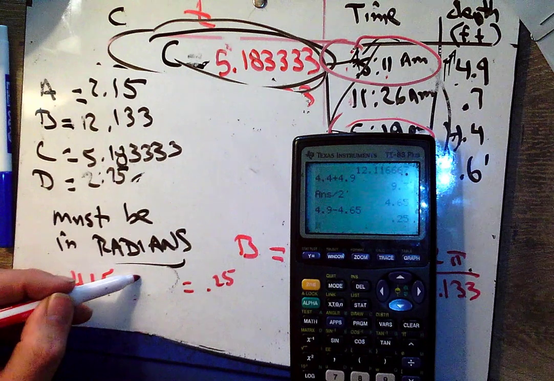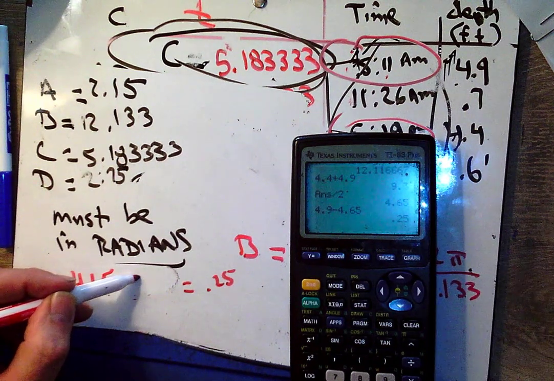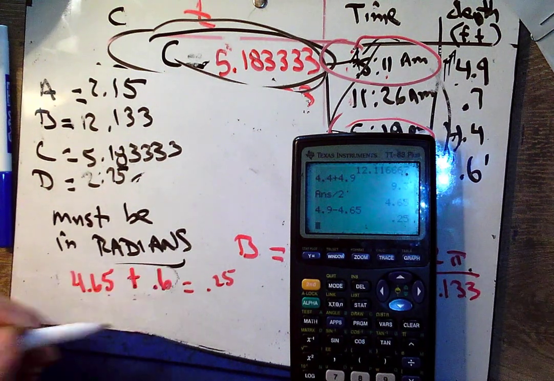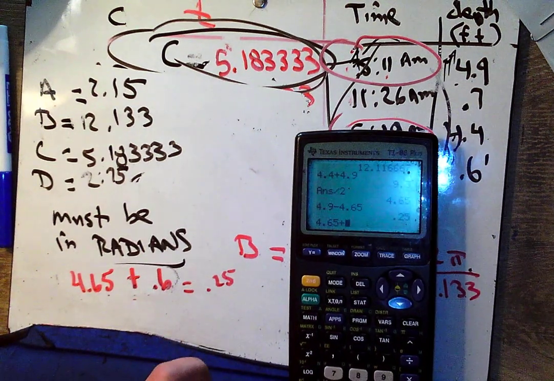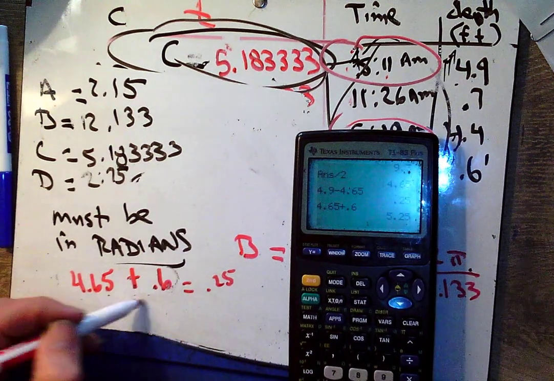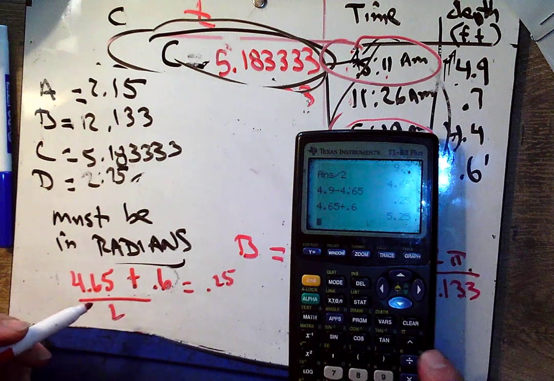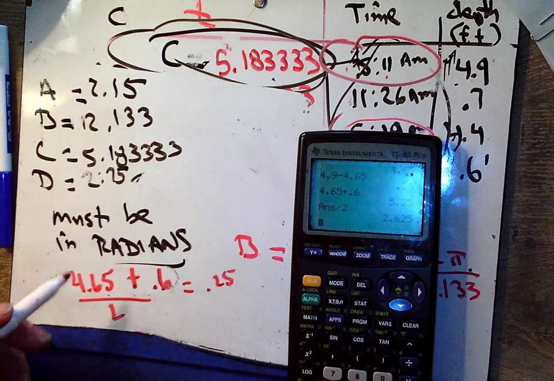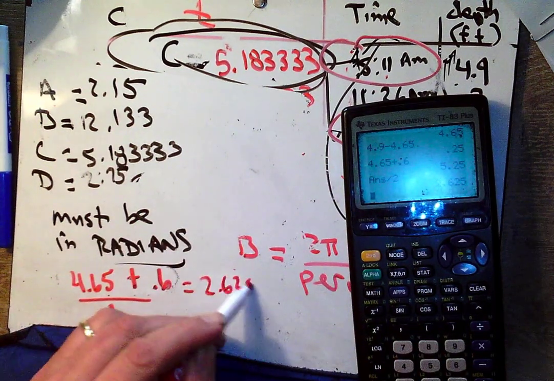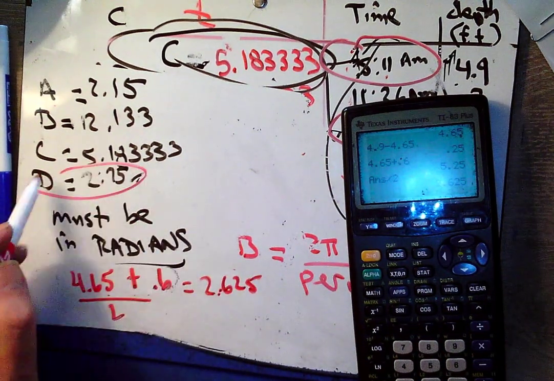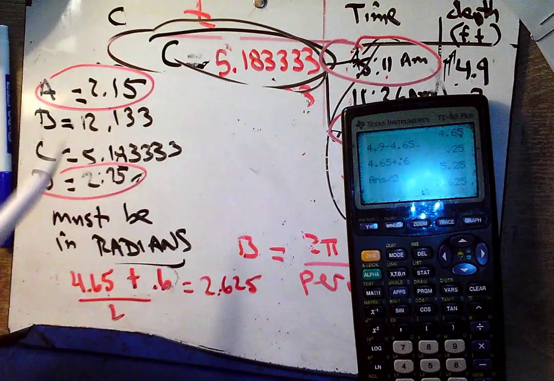And my low is still 0.6. So 4.65 plus 0.6, and if I divide that by 2, I end up with 2.625. Well, originally I was using these values.